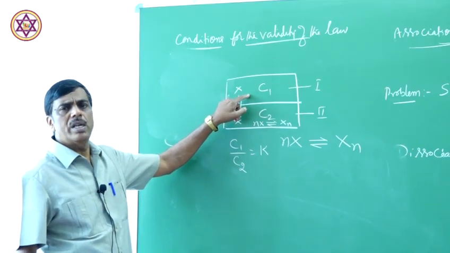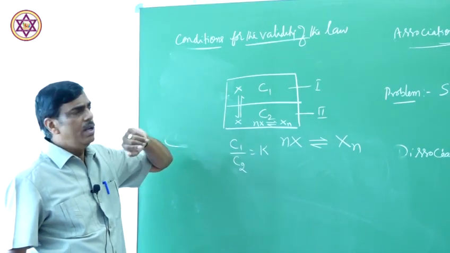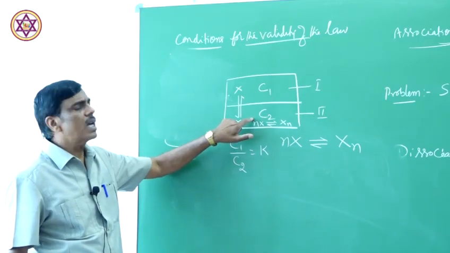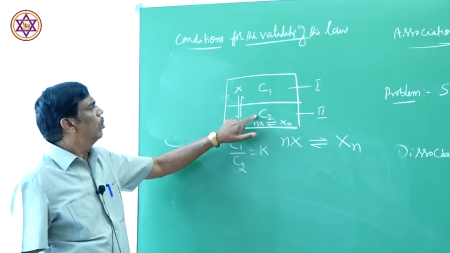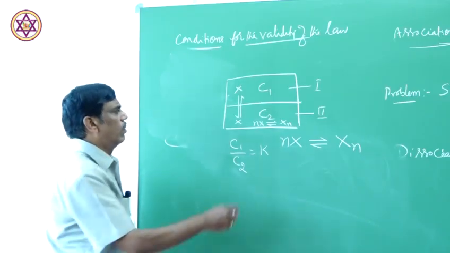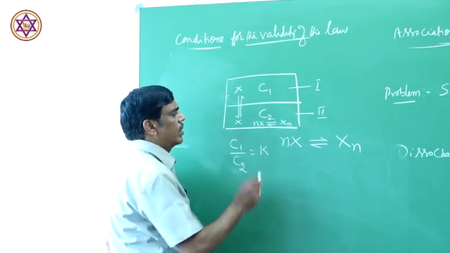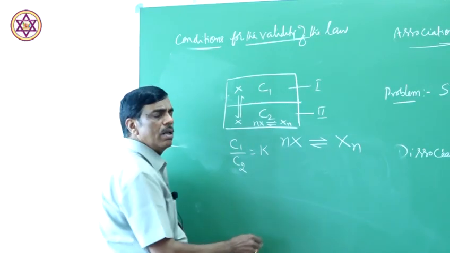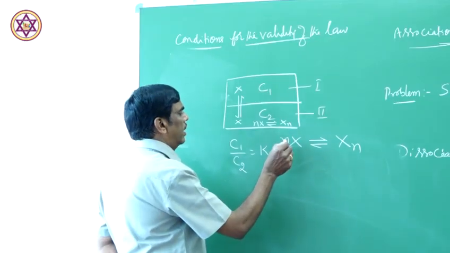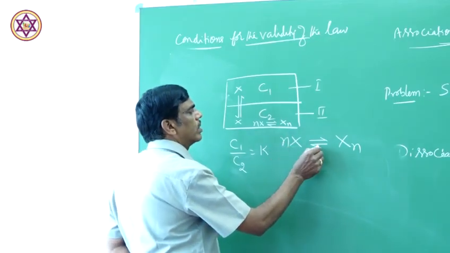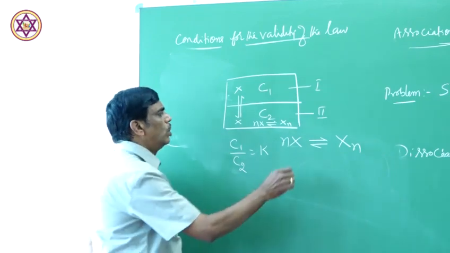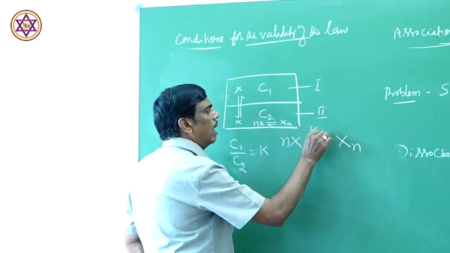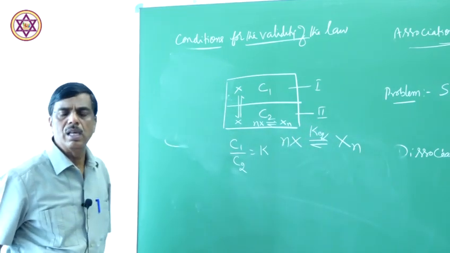There is no association or dissociation in the first layer. Whereas in the second layer, this solute, for example succinic acid, undergoes dimerization. If in one of the liquids the solute undergoes association, we can represent that as nX ⇌ Xn. Now, you apply the law of mass action to this equilibrium.